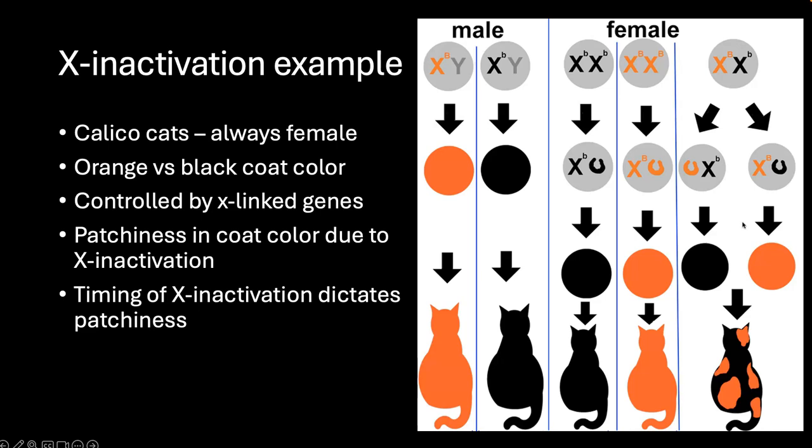The calico phenotype is caused by being a heterozygote for the gene that controls this coat color. Different cells will have different X chromosomes inactivated, so some cells will express the allele for the orange coat, and others will express the allele for black coat. This results in the patchy fur color you see in calico cats and explains why calico cats are always female.